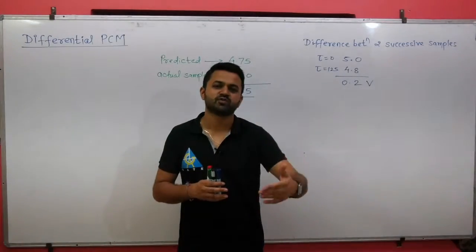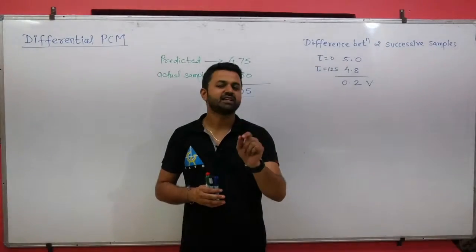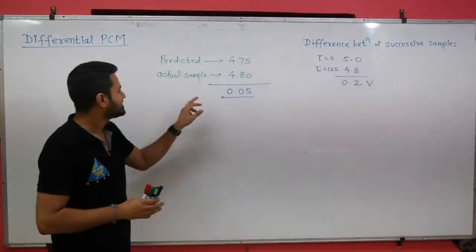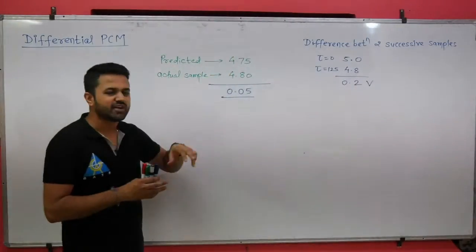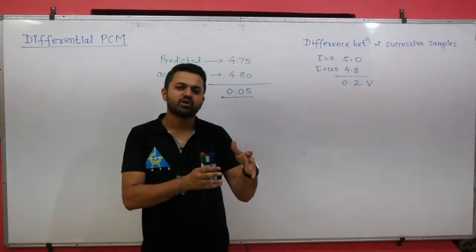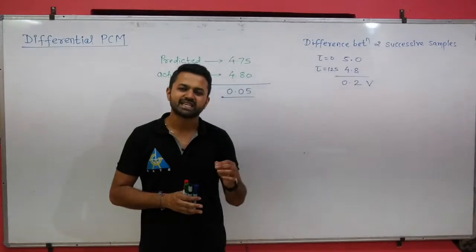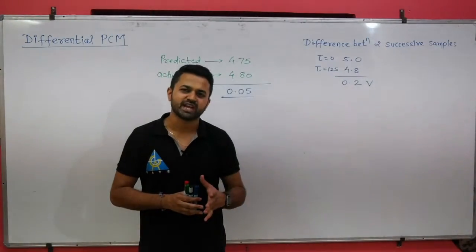We can even improve the system when we take the difference between the present sample and the predicted sample. So this is the present sample and this is the predicted sample. I was thinking that at tau equal to 125 microsecond, the sample would be 4.75, but when I took the sample, I got the value 4.80.